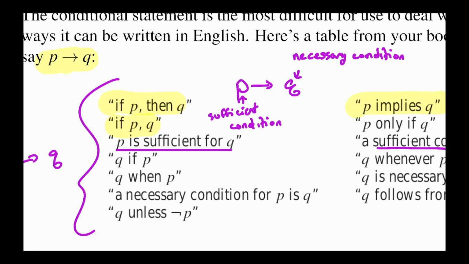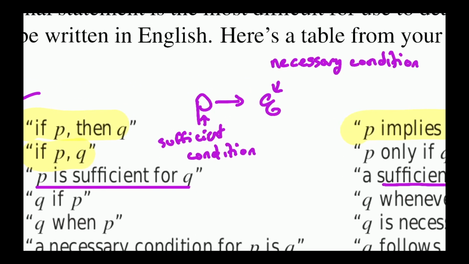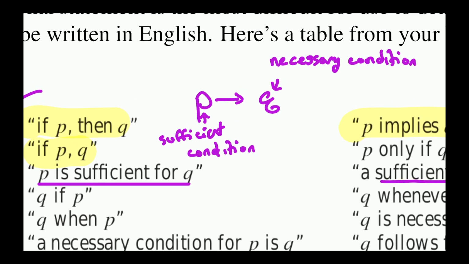And if Q is true, it's necessary that P is true. If Q is true, then it's necessary that P is true. And it's tricky to talk about, but what you can do is just remember this. I say P is the sufficient, Q is the necessary.